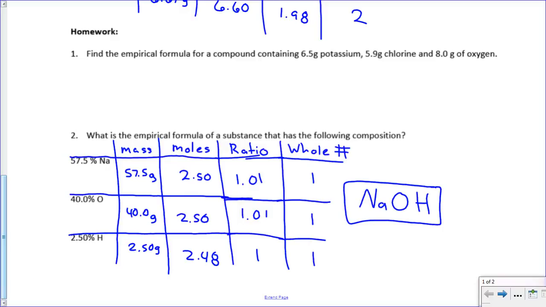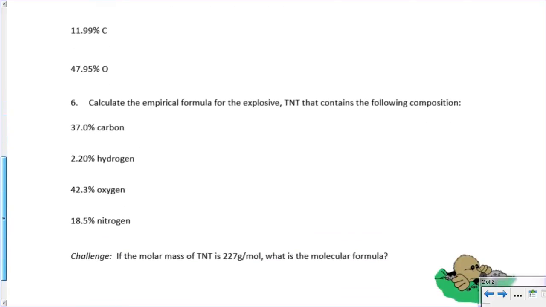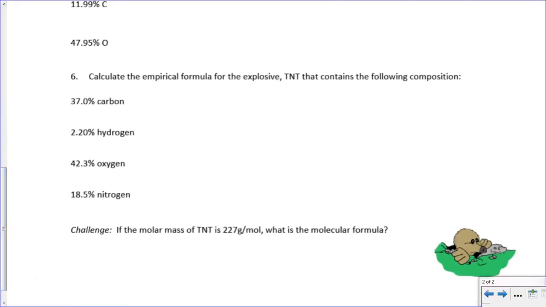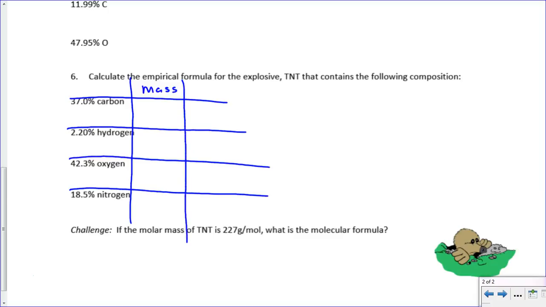Now I'm going to go through an example with you where the numbers aren't quite so nice. It's actually the last problem on this worksheet, number 6. Same general strategy. First step, copy the percent compositions over as masses.